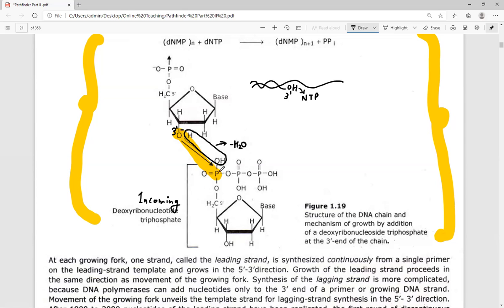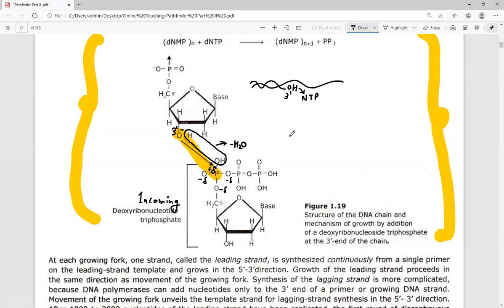This oxyanion will attack the positively charged phosphate, because here it is negatively charged, here it is also negatively charged, and this is positively charged. So it will attack the nucleotide triphosphate and bind it.